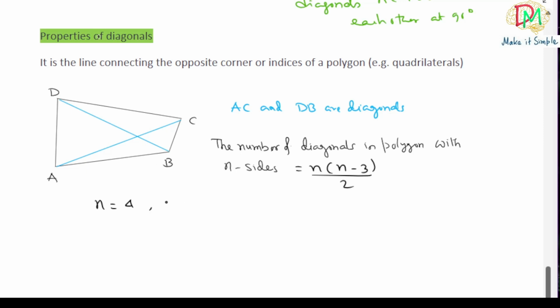So the number of diagonals is equal to, putting the value n equal to 4, we get 2. That is AC and BD in this figure.